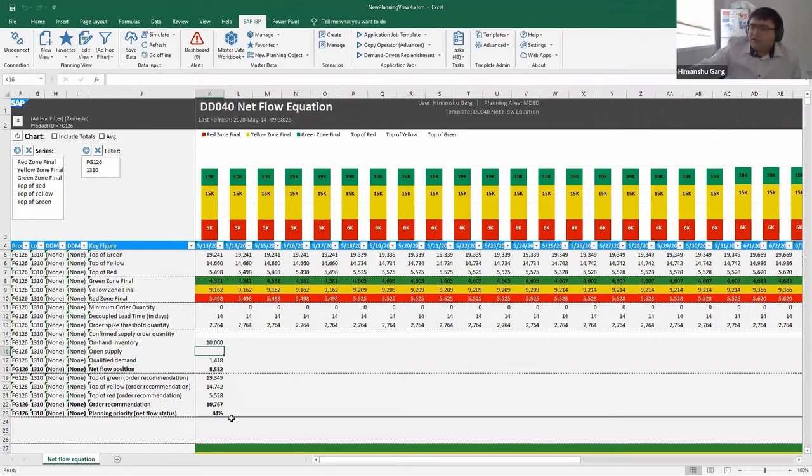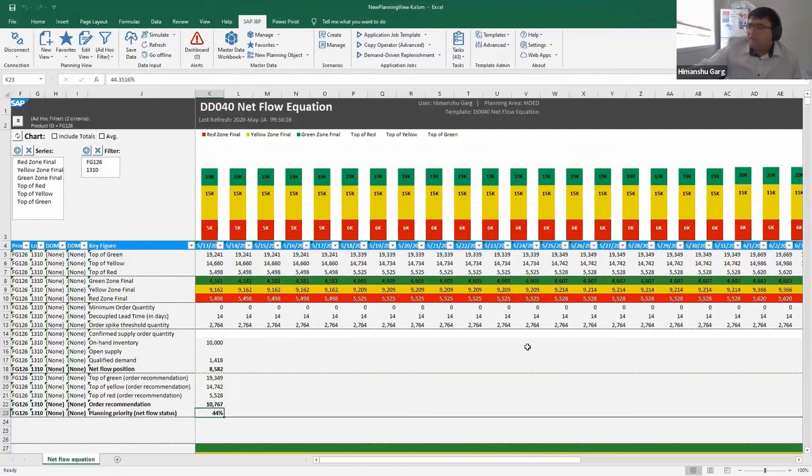And then it also gives us the net flow status, which is nothing else but the comparison of net flow position and the top of the green, which is 19,041 in this case. So it tells us that we have 44% available net flow position.